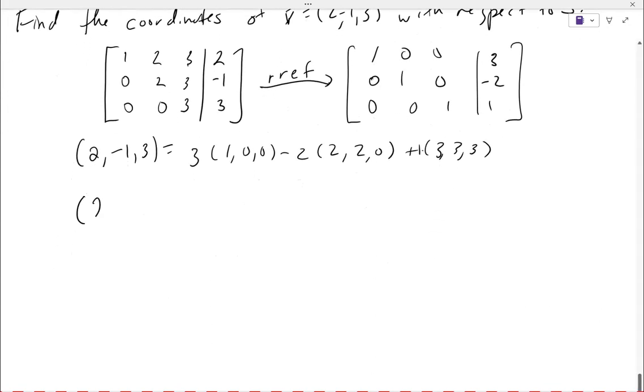The notation is: you write the vector with a subscript S, and then write it as an ordered triple, in this case (3, -2, 1). When I write it this way, I'm assuming I know the order in my basis, and it tells me 3 times the first minus 2 times the second plus the third gives me that vector. That's what the coordinates relative to the basis means.